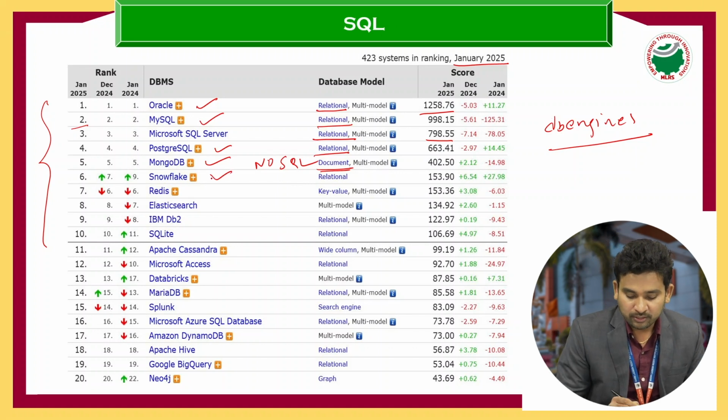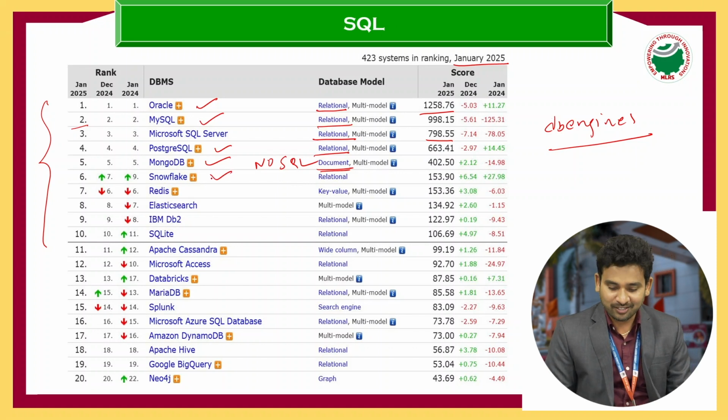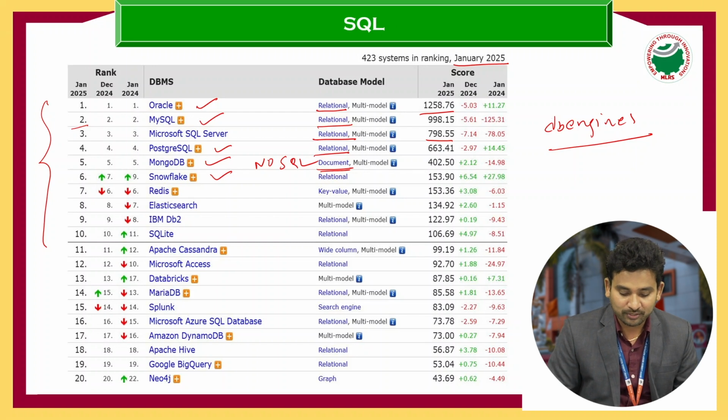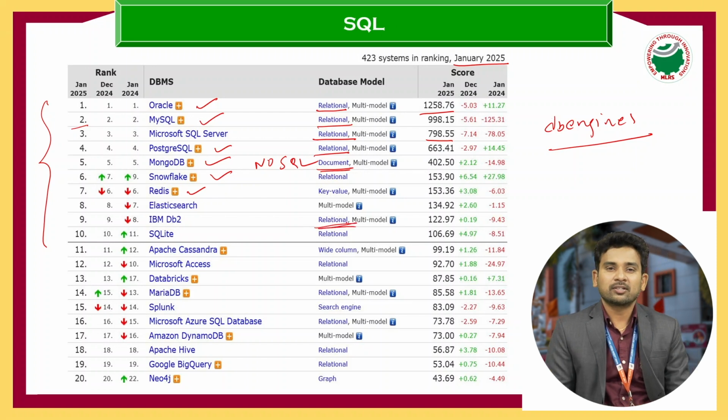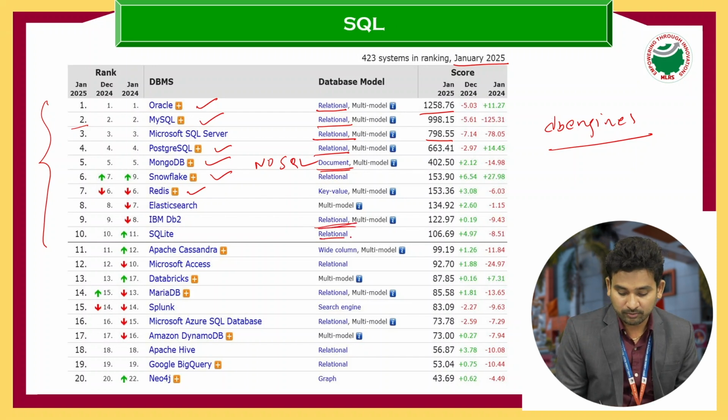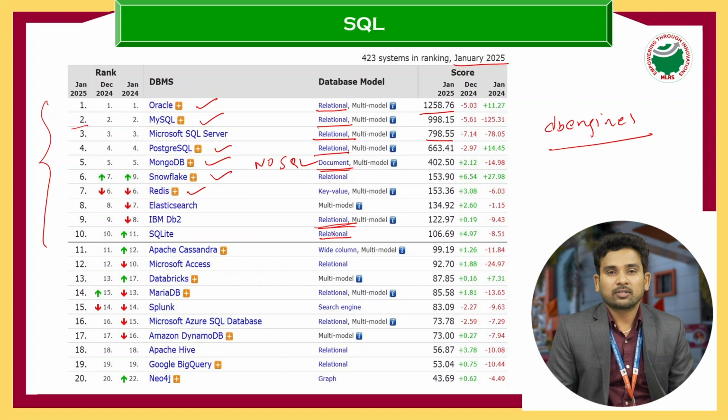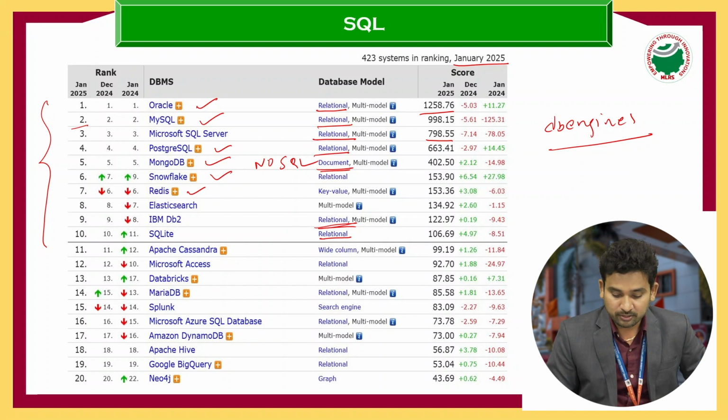The next one, Snowflake, is also a relational database. The sixth and seventh, Redis, is a NoSQL database. The eighth, Elasticsearch, comes under NoSQL. The ninth and the tenth are again relational database management systems.